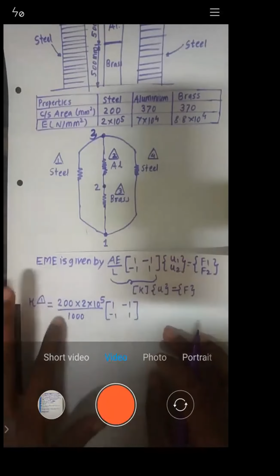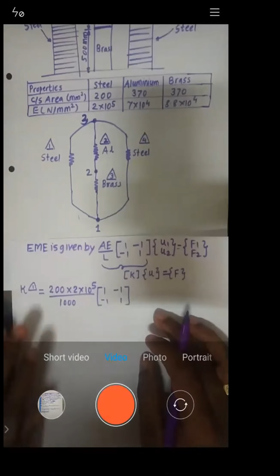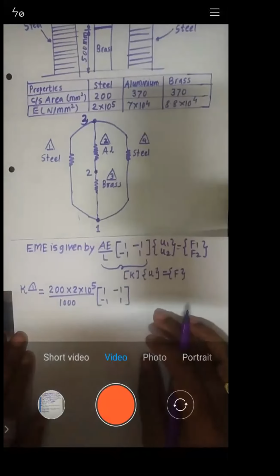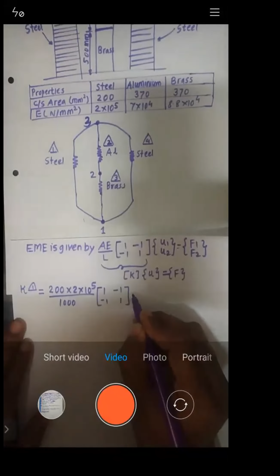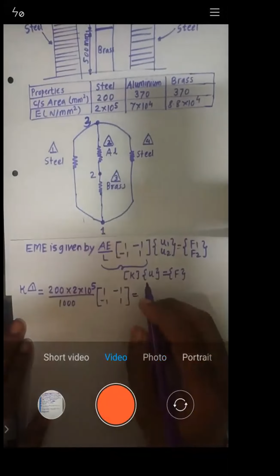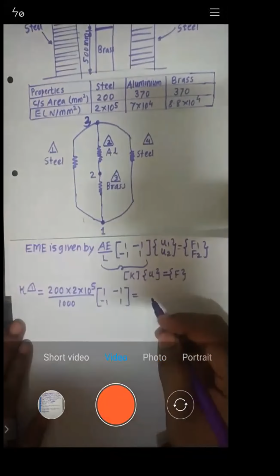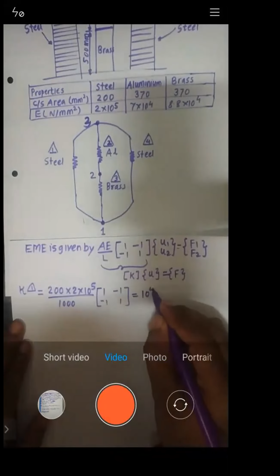So tell me, how much value are you getting? This calculation, let me know. How much are you getting? 40,000. Okay, yes, sir, you're getting 40,000. Right? So can I take 10 raised to the power 4 outside?